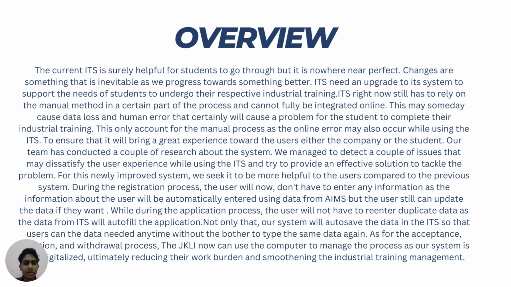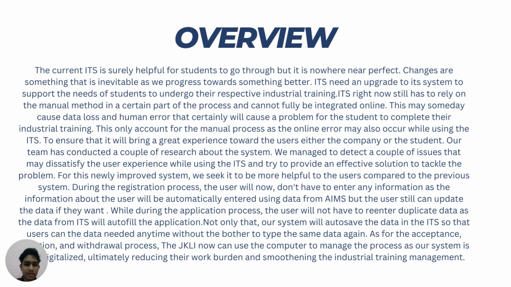During the application process, the user will not have to enter any duplicate data, as the data will be extracted from the ITS database and autofill the application. Not only that, the system also autosaves the data in the ITS, so that users can use the data wherever they need it, without having to bother typing any data again.